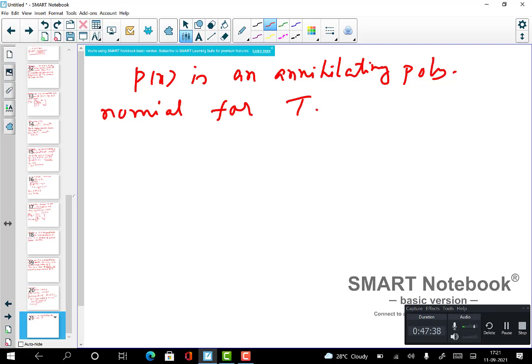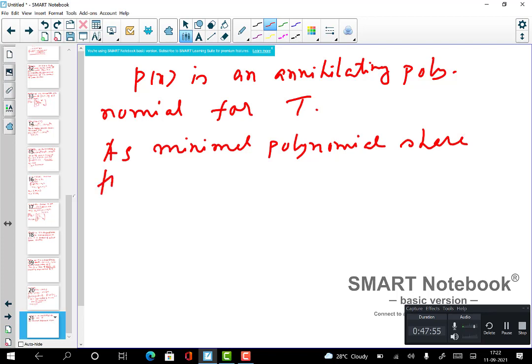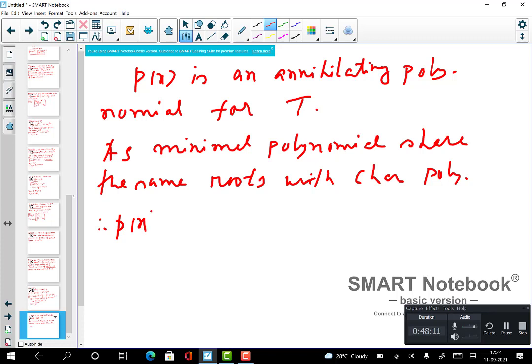So as the minimal polynomial shares the same roots with the characteristic polynomial, what happens? Then p has to be this. Then p is the product of linear factors, right?